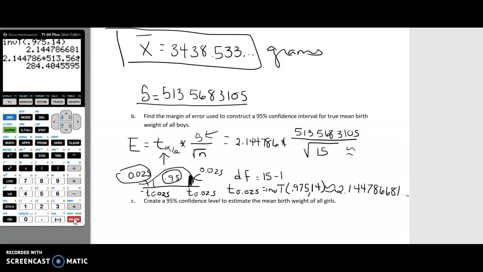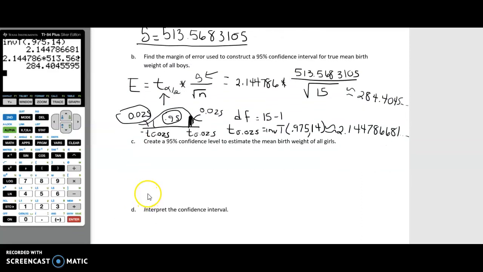And so your margin of error is 284.4045 and so on. They're probably going to ask you to round to 1 decimal place, maybe 2, depending on the problem.